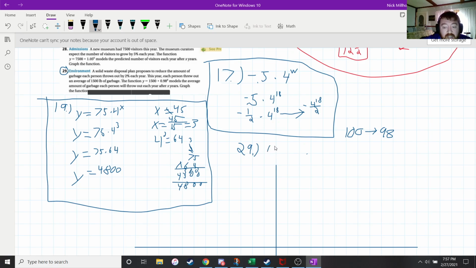So if x equals 0, our y value is going to equal 1,500. So at the top here, we'll put 1,500. Now, if x equals 1, then we would have 1,500 times 0.98, which is 1,470.